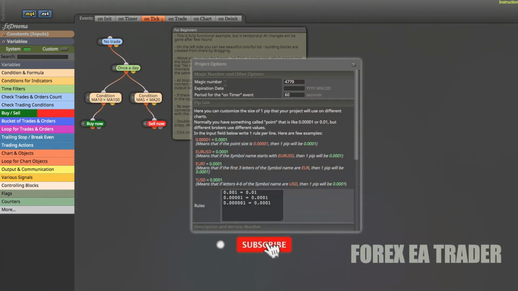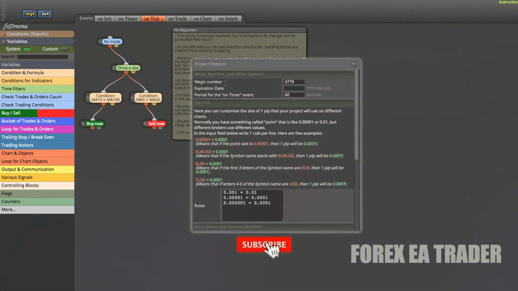So you understand the idea behind magic numbers. It's just a unique identifier used by robots or expert advisors in MetaTrader 4, MetaTrader 5, so that the robot can distinguish its own trades from those that have been opened manually or by other EAs.